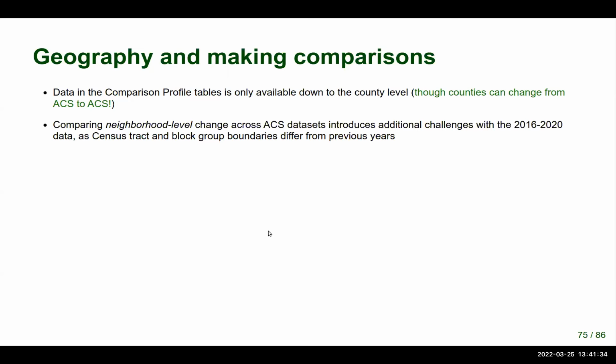They haven't all changed, but the overall tessellation of them has changed. And so you won't necessarily have the same geographies or the same geography identifiers from ACS to ACS.